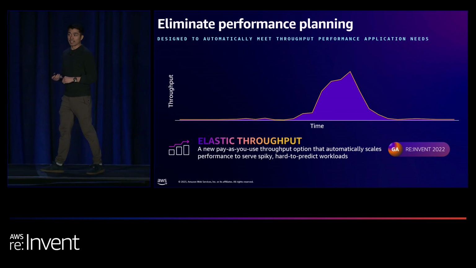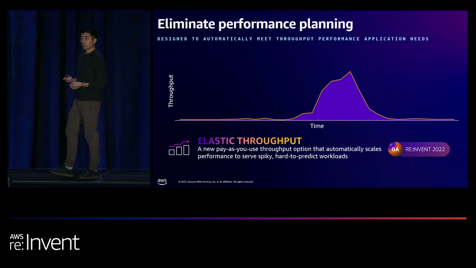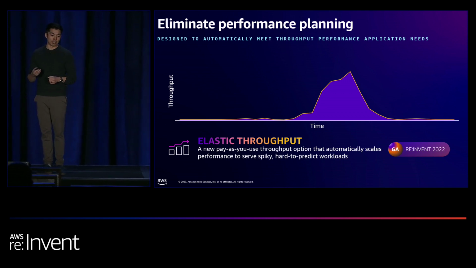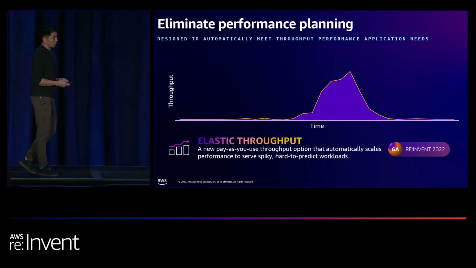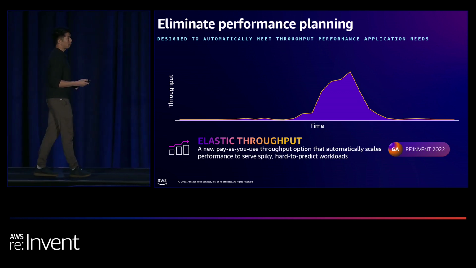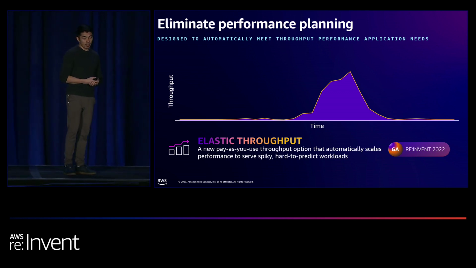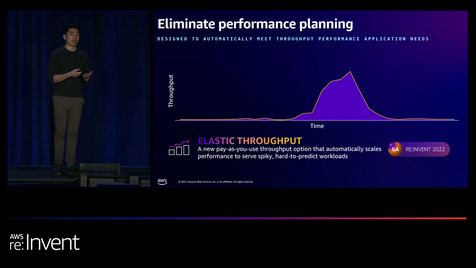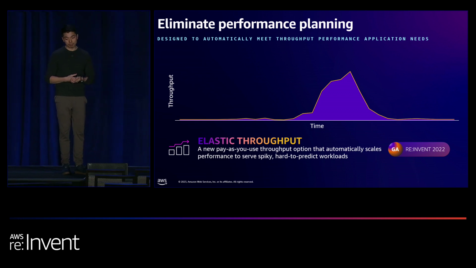So at reInvent last year, we launched a new throughput mode called Elastic Throughput that really aimed at delivering this experience. It's a pay-as-you-go throughput option, which means that you only pay for the performance that you're using, and EFS will automatically deliver it if your end users and applications are driving that performance from your EFS file system.